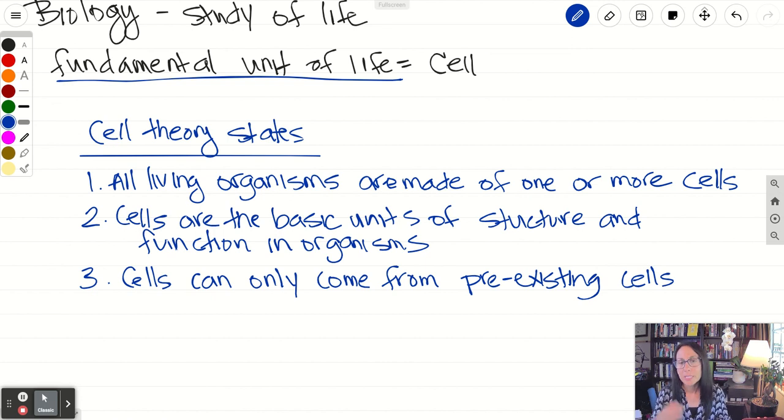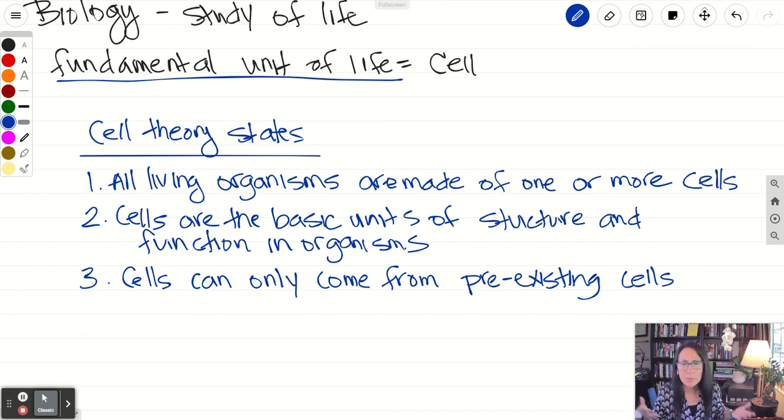And so there was an experiment done where there was meat in a jar and they covered the jar, and there was meat in a jar and they left it uncovered. What would happen is the jar that was covered up did not create maggots, but the jar that was uncovered did create maggots. And that's because flies would go in there and lay their eggs on the meat, and the maggots were actually baby flies.